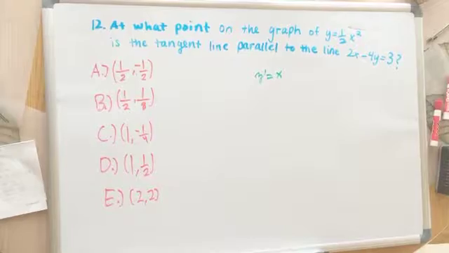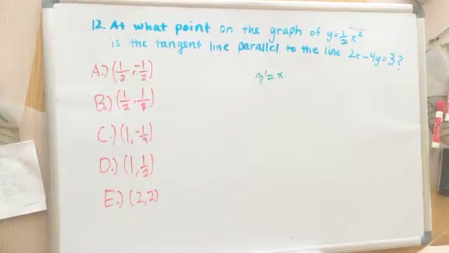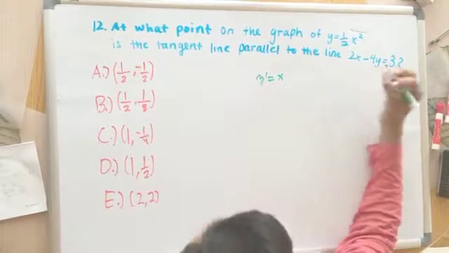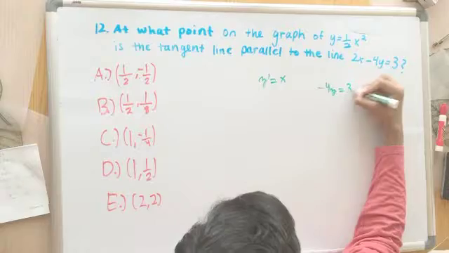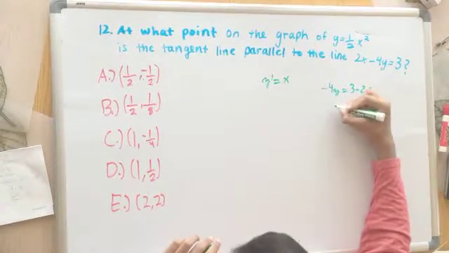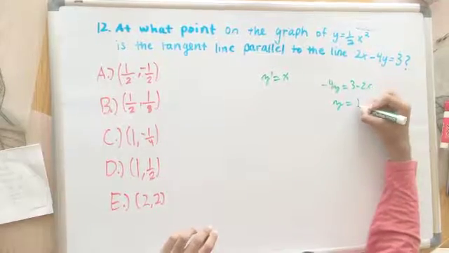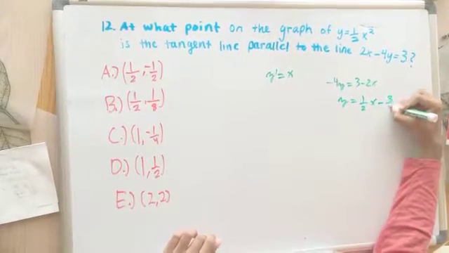So with this derivative, now we have to put the line into slope-intercept form. So we would have -4y equals 3 minus 2x, because you're subtracting 2x to the other side. You divide by -4, so y equals 1/2 x minus 3/4.